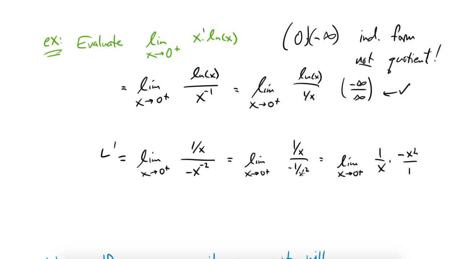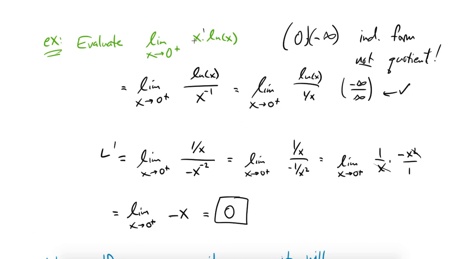So instead of dividing by negative 1 over x squared, I can multiply by negative x squared over 1. Well, then I can see that one of those x's is going to cancel. So this is really the limit as x approaches 0 from the right of negative x, right? Because this x cancels out one of these x's. And then if I evaluate this limit, really this is just like negative 0 or 0.